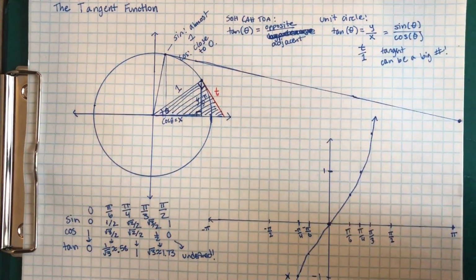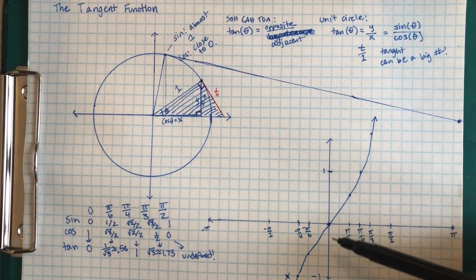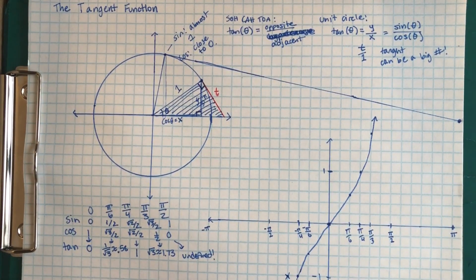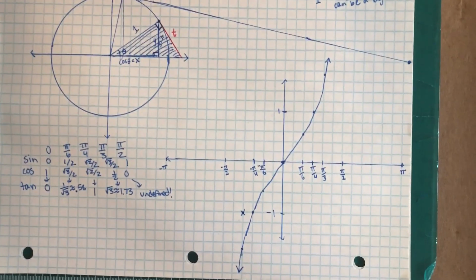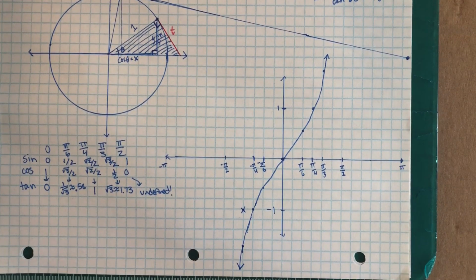It's really steep on the two ends, and it's not as steep in the middle, but it does not flatten out the way that the square root of x does. Okay. So this is kind of what the graph of tangent looks like.